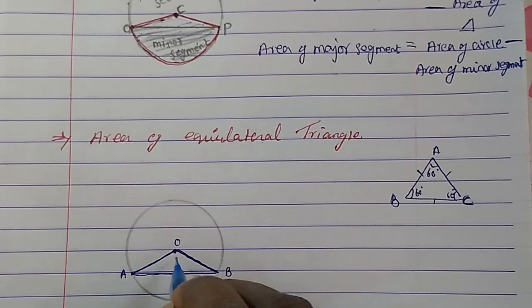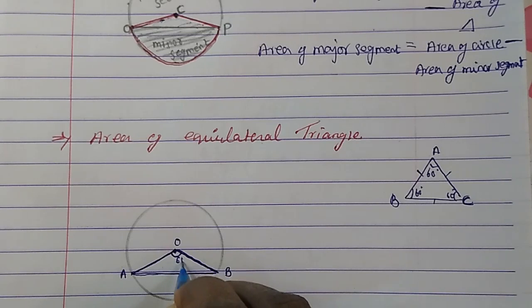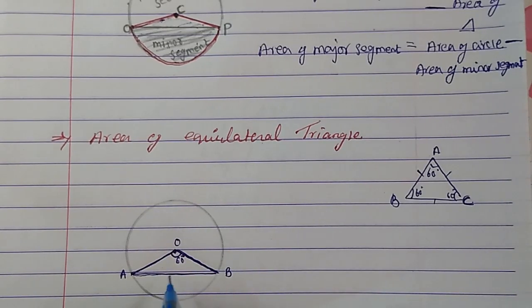If the angle given here is 60 degrees, what does it mean? This is also a radius of the same circle, and this is also a radius of the same circle. That means both sides are equal, so the opposite angles will also be equal.